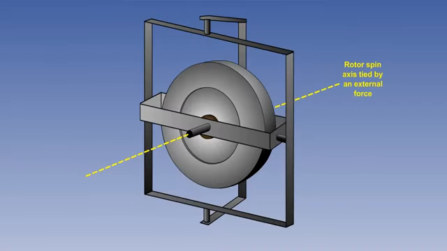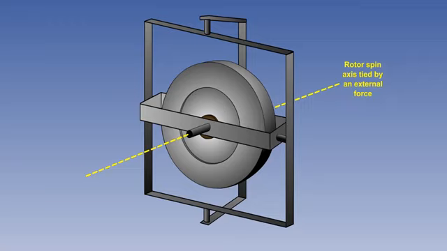Let's now look at the tied gyro. The tied gyro is also mounted in a 2 gimbal system, and because we ignore its spin axis, the tied gyro can be said to have 2 degrees of freedom. However, the fundamental difference between a space gyro and a tied gyro is that with the tied gyro, the rotor spin axis is controlled or tied in a desired position by an external force.